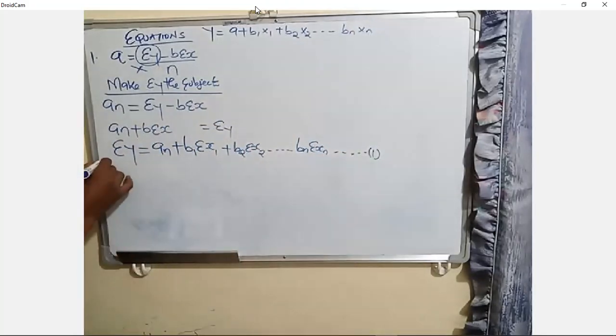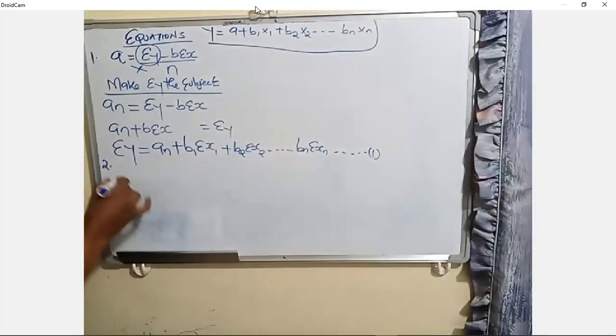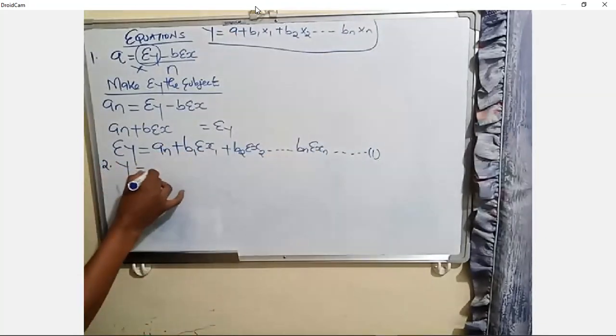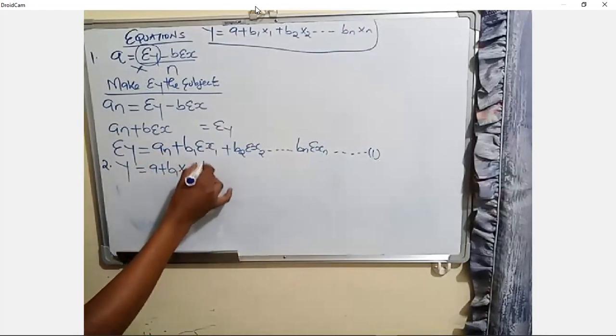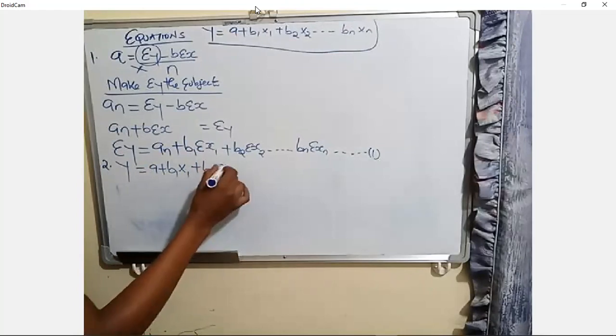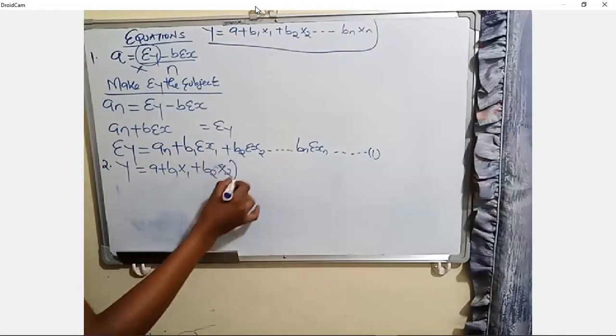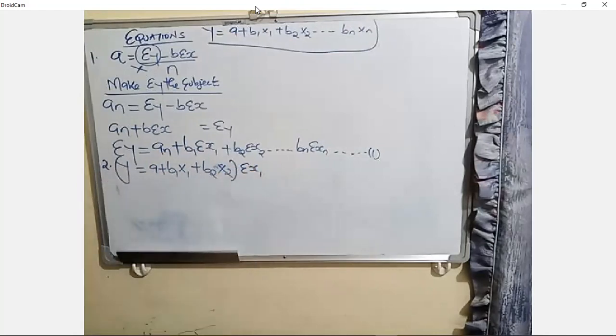So for our second equation, we take our general equation, y equals a plus b1 x1 plus b2 x2. Then this one we multiply by summation of x1.